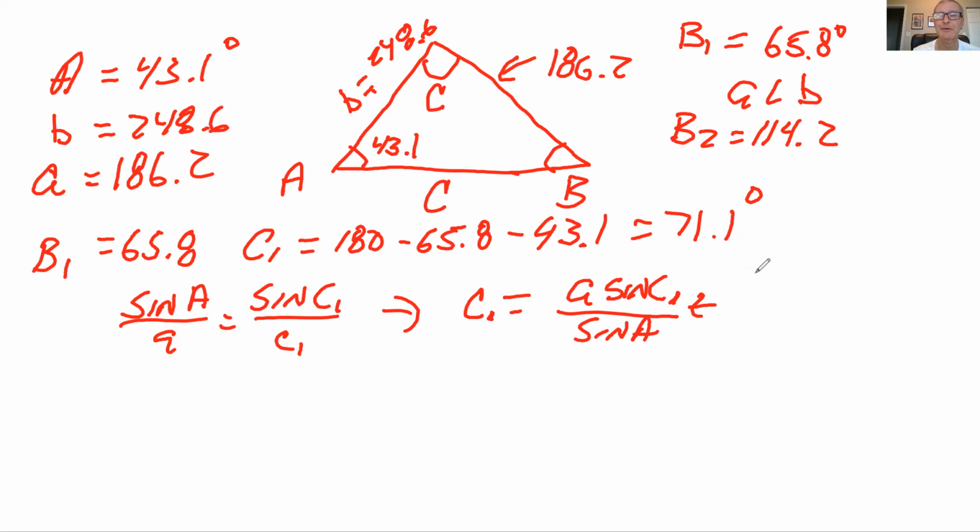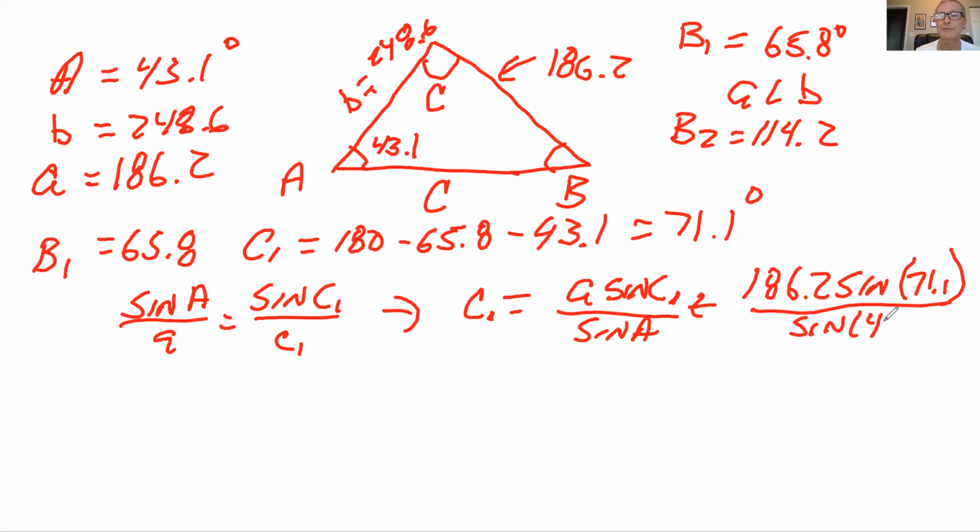So A again is 186.2, and this would be sine of the C angle, which is 71.1, and then we divide by the sine of the A angle, which is 43.1. If you got out your calculator, you would see C1 would equal approximately 257.8. And if this was feet, that would be feet. If it was inches, that would be inches.